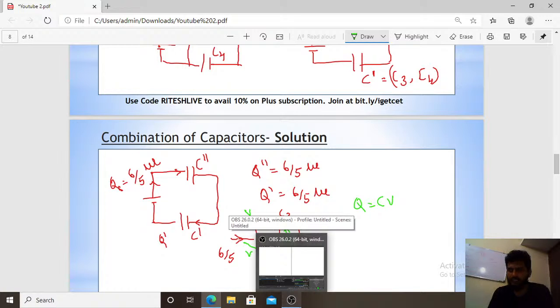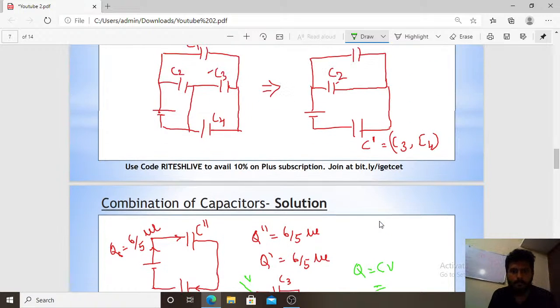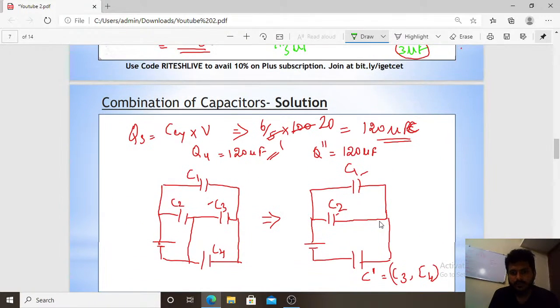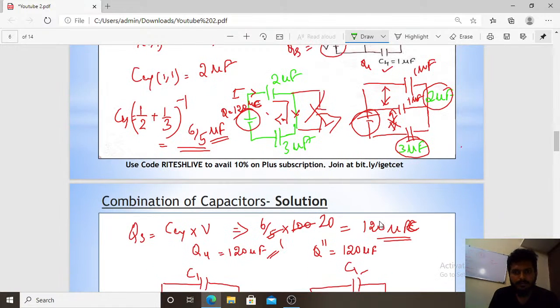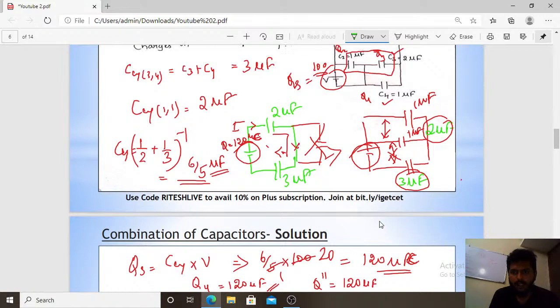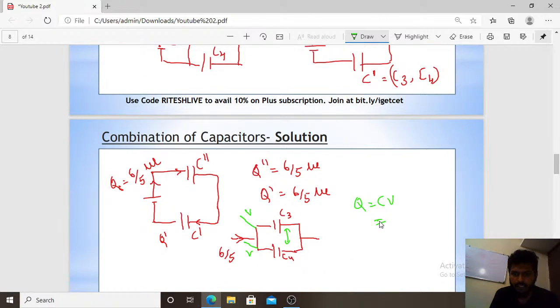That two, C4 and C3. How much was it? 2 plus 1, 3 it was, right? Okay, I can write 3 into V. Again 100. So Q value is 300 volts. So here it is 300.